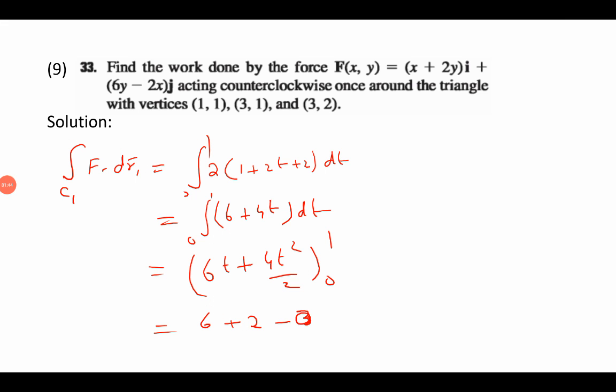The lower limit is 0 for all, so the answer is 8 for the first case.